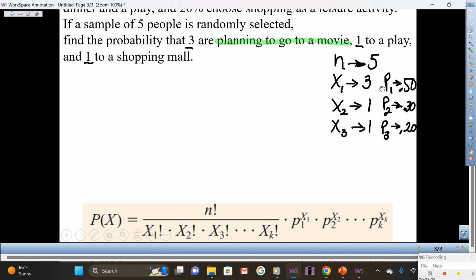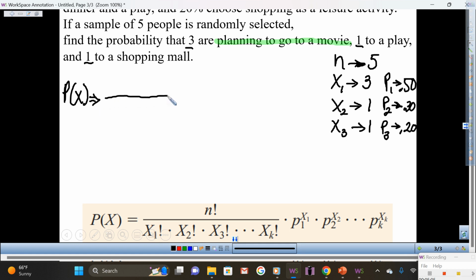So now that we have all this, let's set up our formula. You can leave it as P of X, that's fine, because it's got too much stuff to write in there. All right.